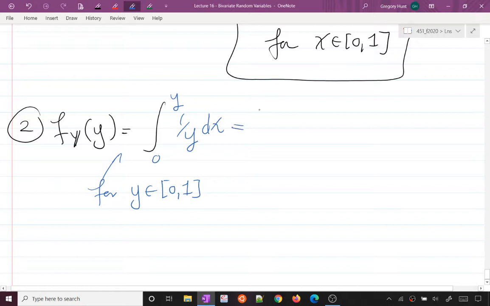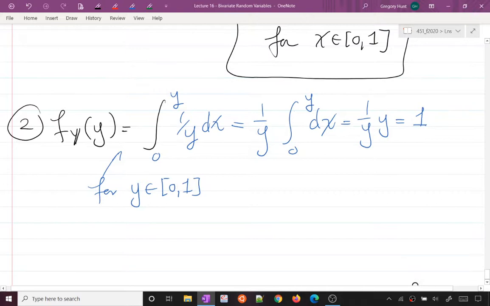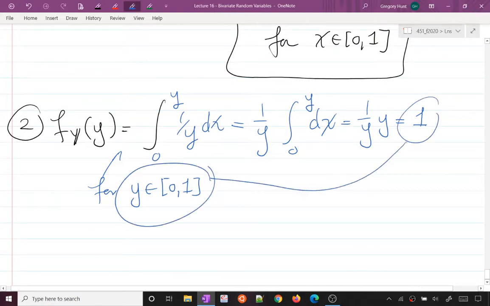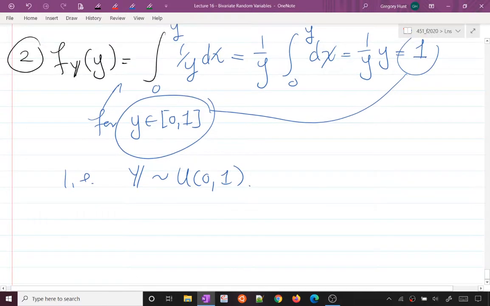And this is actually nice and simple. Y can come out, and I just get 1 over y times y, which is 1. And so my PDF is 1 if y is in that unit interval, i.e., in this case, y is uniform over that interval.